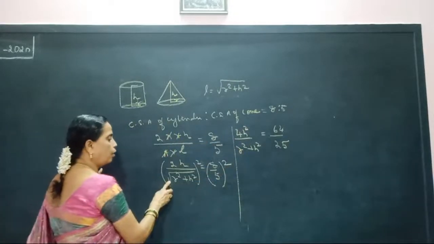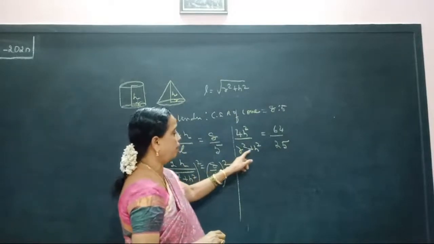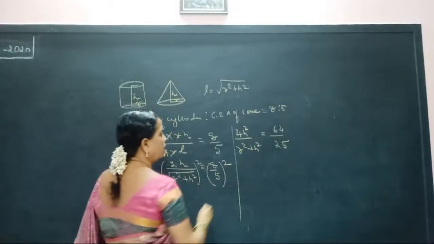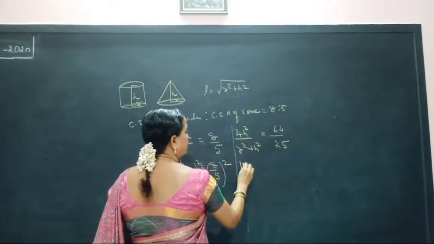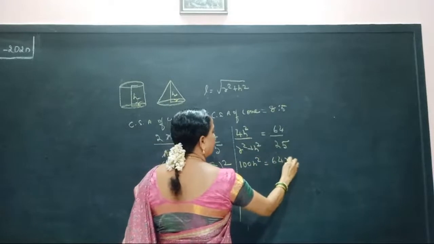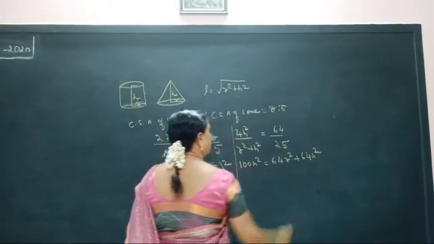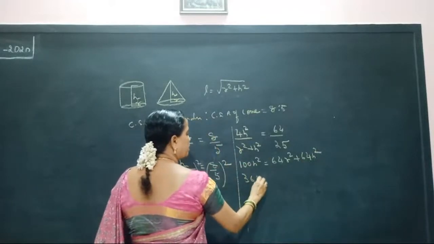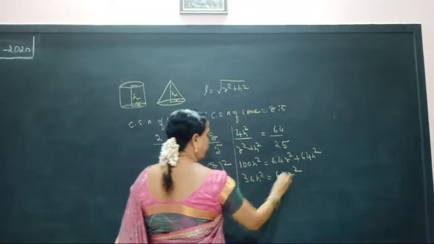2H square will be 4H square, and this root square will get cancelled. We have only R square and H square. Let us do the cross multiplication. 25 into 4 is 100H square equals 64R square plus 64H square. Transferring, it becomes 36H square equals 64R square.